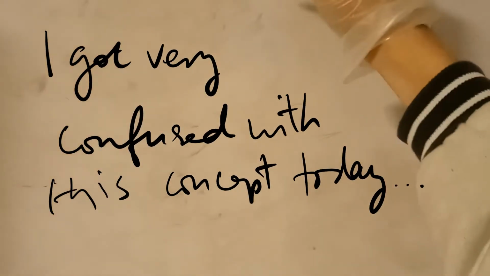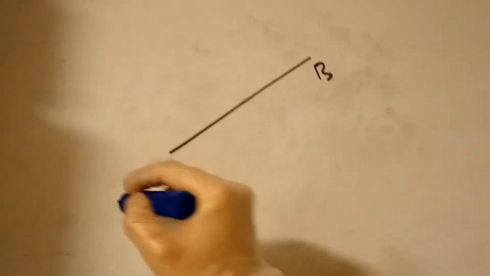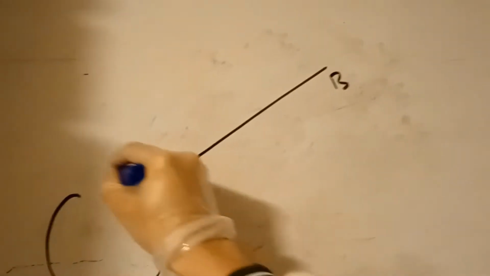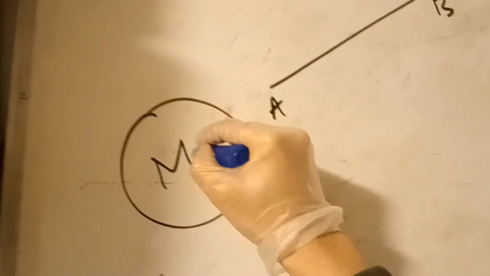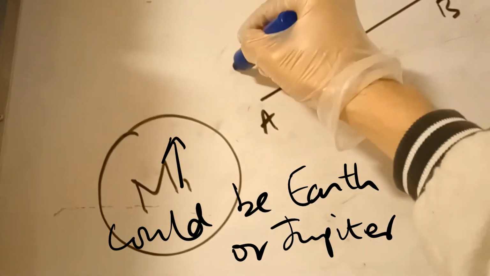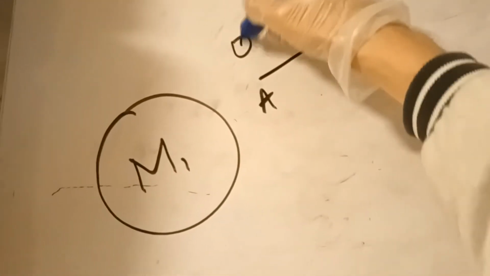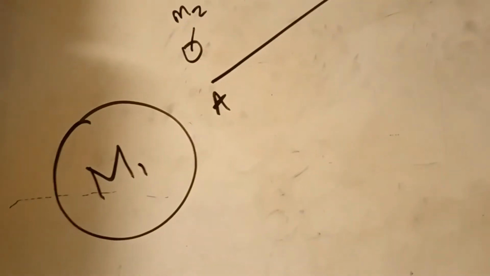Alright, let's calculate the work done by gravity. Let's say you're going from point A to point B, and this is the thing that's creating the gravitational field with mass m1, and you're moving a small mass, let's say m2.